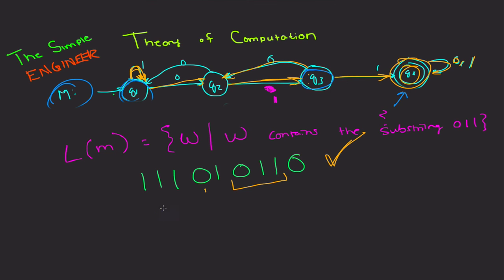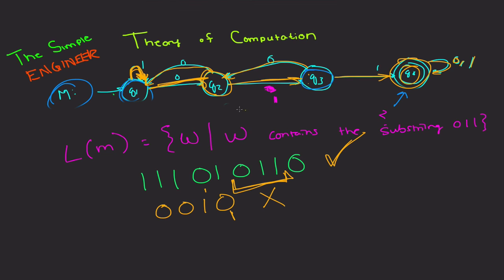But if we were to put in something like 0, 0, 1, 0, this would not be accepting because it doesn't contain this substring 0, 1, 1. So if I put in 0, 0, we come back to Q1, and then I put in a 1 again, and then I read in my final character 0, I'm stuck at Q2.